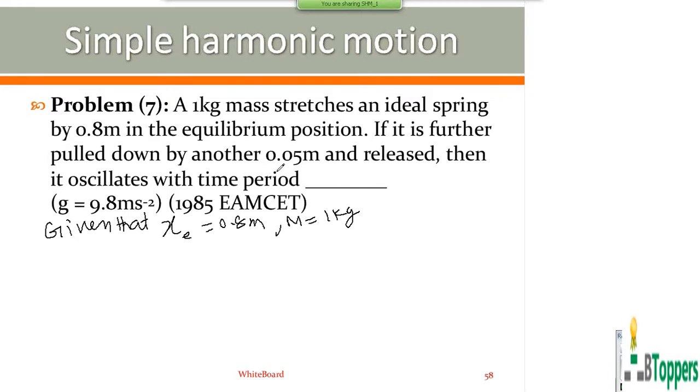That means the mass goes down below the equilibrium position, a distance of 0.05 meters, before it starts oscillation. That means it starts oscillating from rest. And from the position, suppose this is the equilibrium position of the mass.